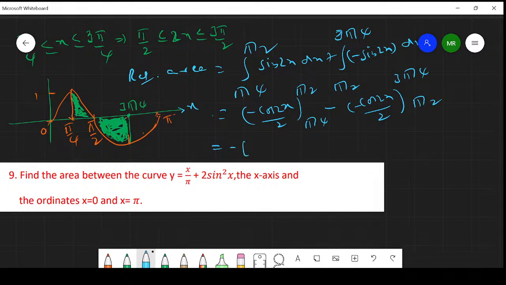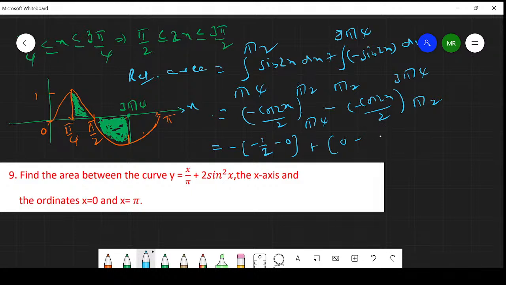This minus of upper limit pi by 2 into pi by 2 cos 180 minus 1, minus of minus 1 by 2, correct, minus 1 by 2 minus lower limit cos 2 into pi by 4, it will be 0, minus, minus plus, it will be cos 2 into 3 pi by 4, 3 pi by 2, 0 it will come, and cos pi by 2 cos pi, it will come 0, and this also comes 1 by 2.